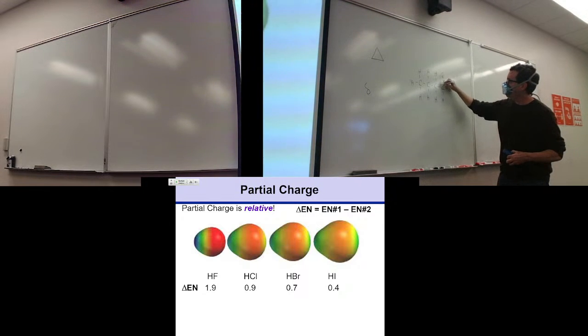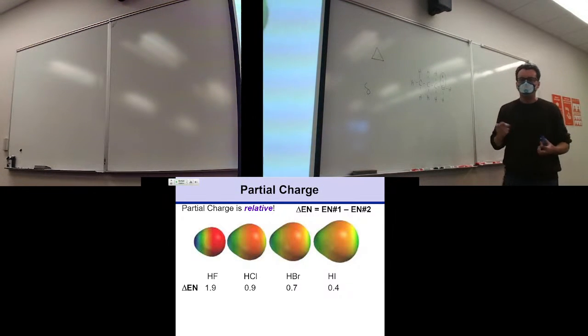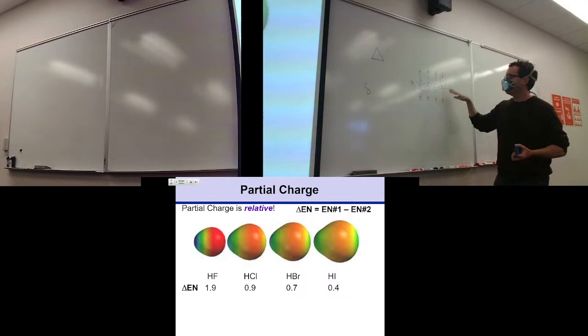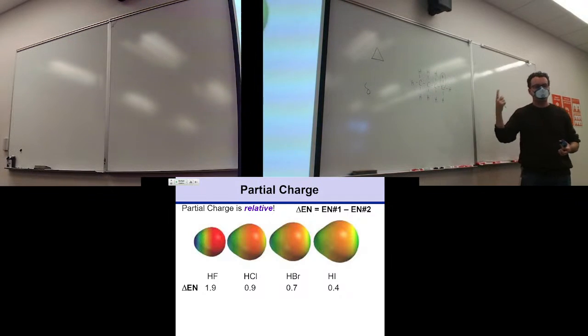So for this particular bond, the difference in electronegativity, carbon is 2.5, hydrogen is 2.1, the difference is 0.4, just like that one. So even though there's a small difference, we, as chemists, consider a carbon-hydrogen bond nonpolar. And so this is filled with nonpolar bonds. And that influences how we expect this thing to behave.